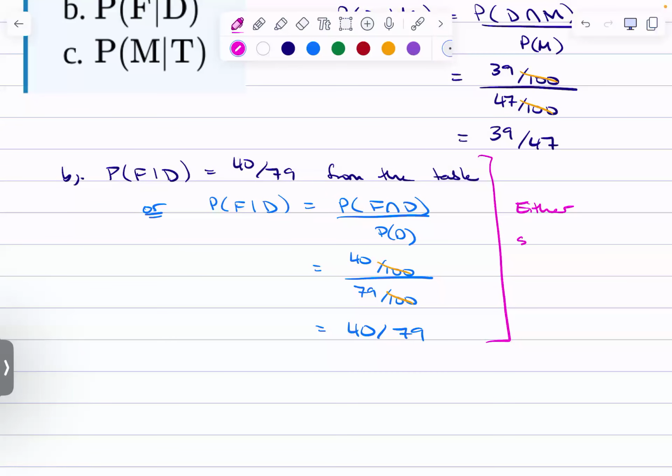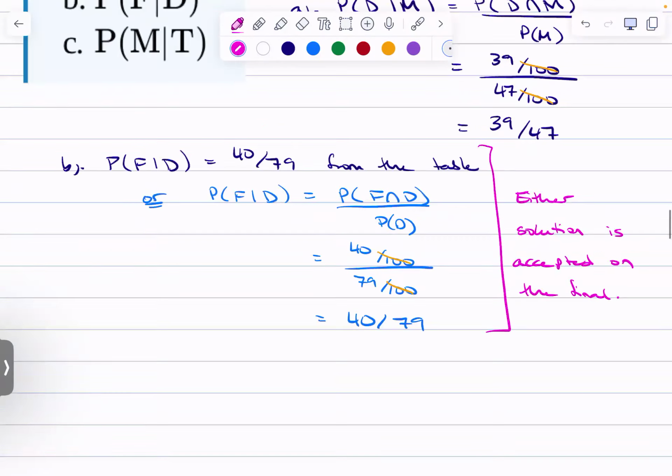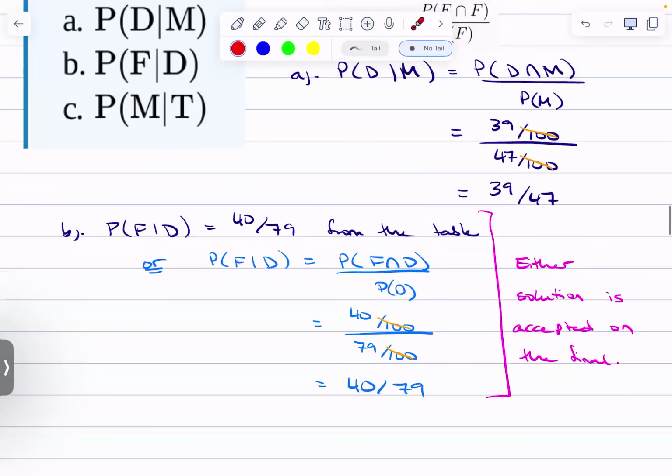Either solution is accepted on the final. So figure out which one you like. Just use that one. I like the formula, which usually means you guys like the table. But the formula is always a sure thing.